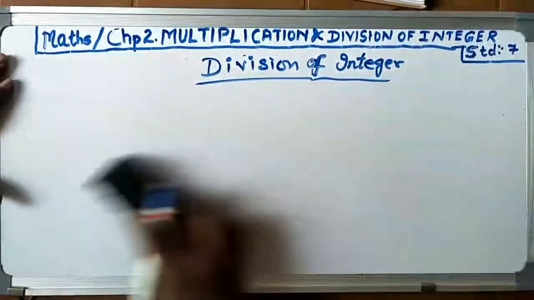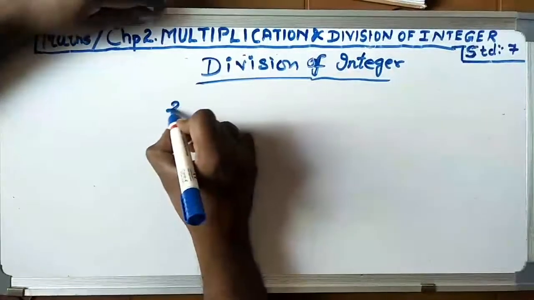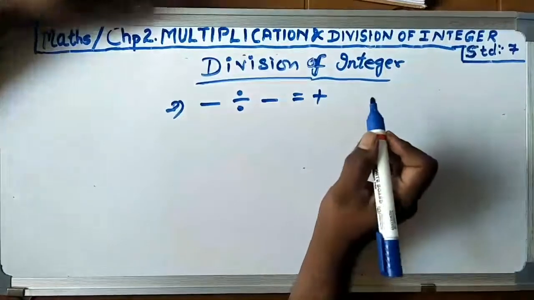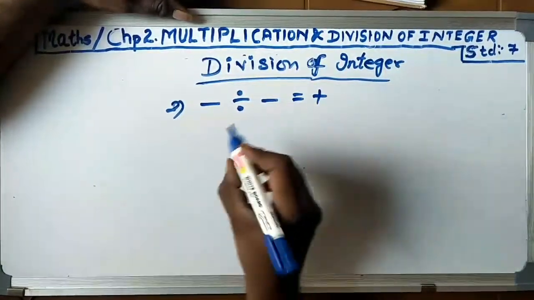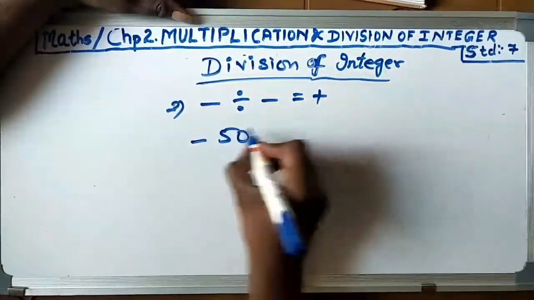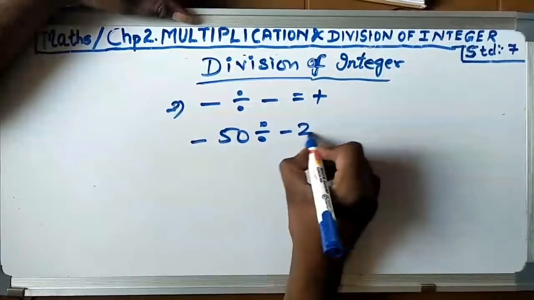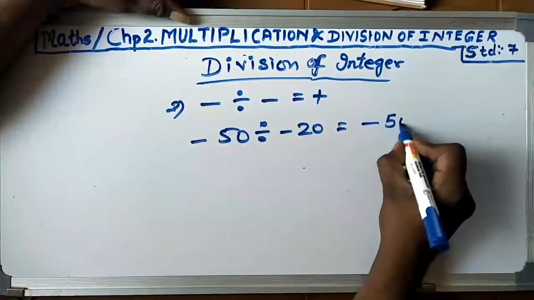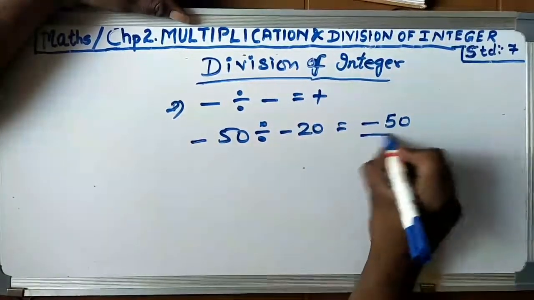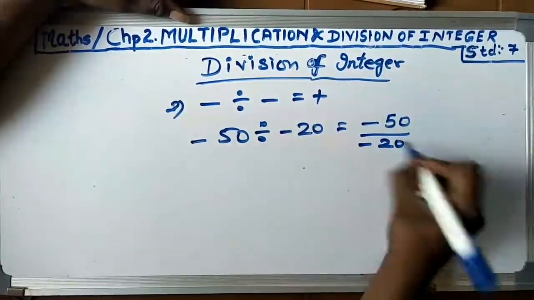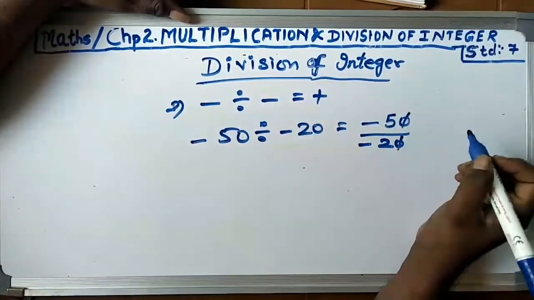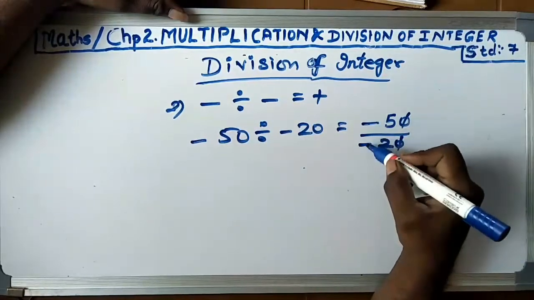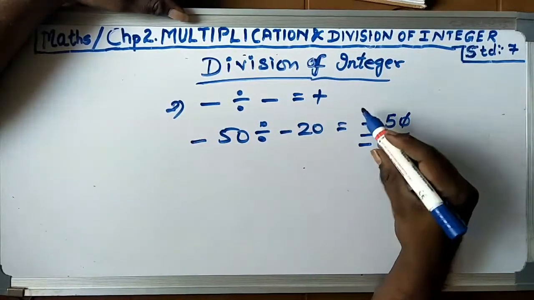Let's do the next golden rule. Second is minus divided by minus is equal to plus. So let's do some sums. Minus 50 divided by minus 20. Now how will you write this? You write minus 50 divided by minus 20. 0 and 0 cancel. The number remaining is 5 upon 2. Minus divided by minus, it is plus. How?